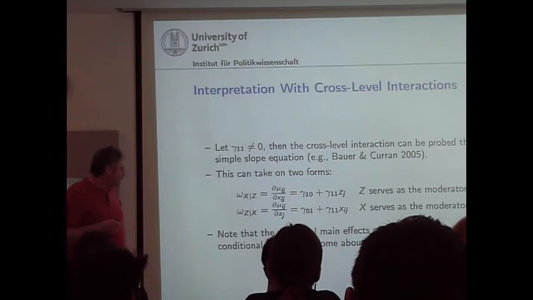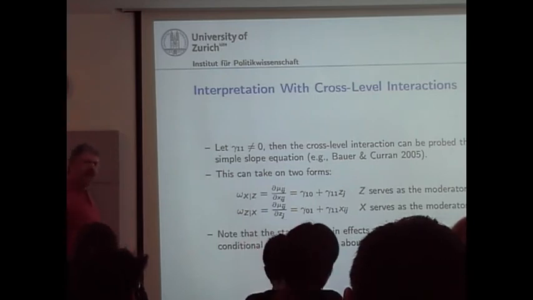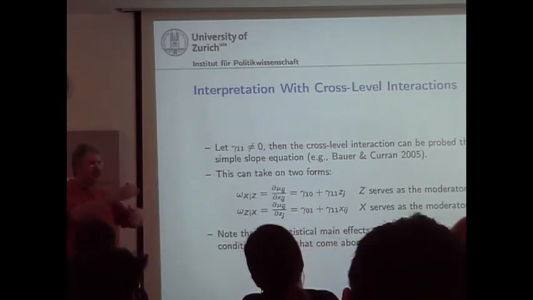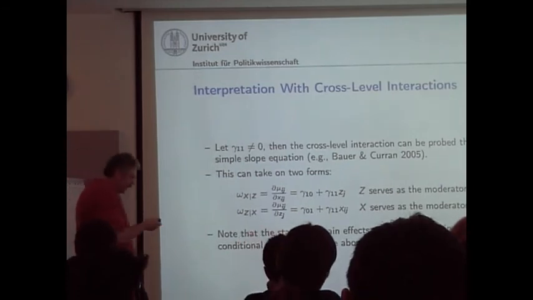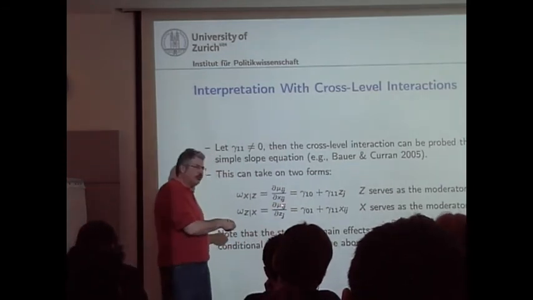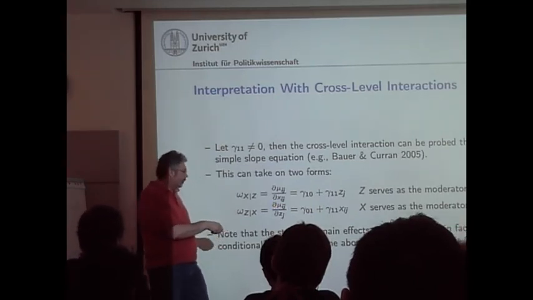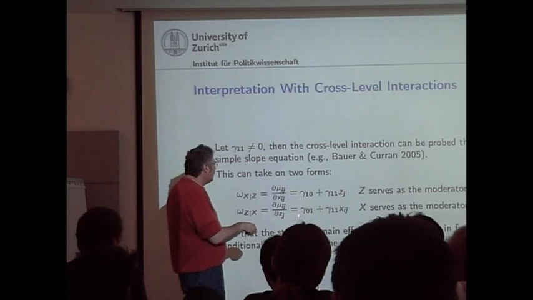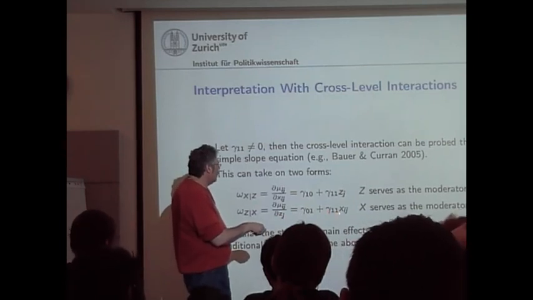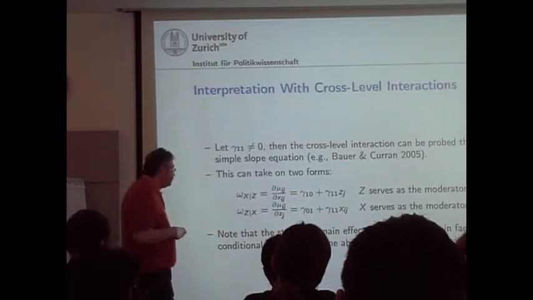y. Now you can also, of course, say, well, what is the effect of z given x? And that would just basically be the same thing, but now you differentiate the mean with respect to z, and you get an equation gamma 0,1 plus gamma 1,1 x_ij.